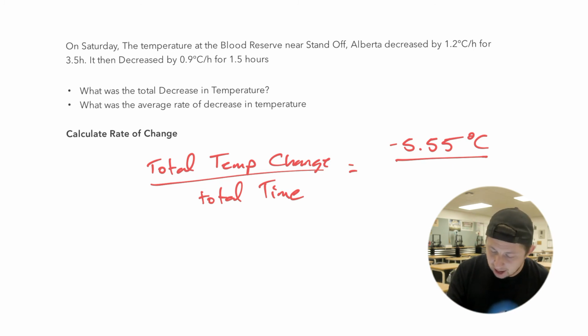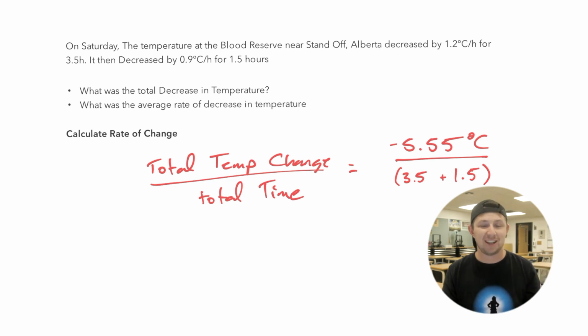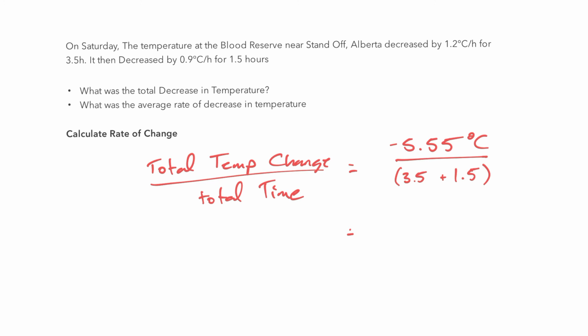So our total time was 3.5 plus 1.5 hours. So that's going to give us 5 hours. So our formula ends up being negative 5.55 divided by 5. And when we do that, we end up getting a negative 1.11. So the average rate of decrease of temperature was 1.11 degrees Celsius per hour.